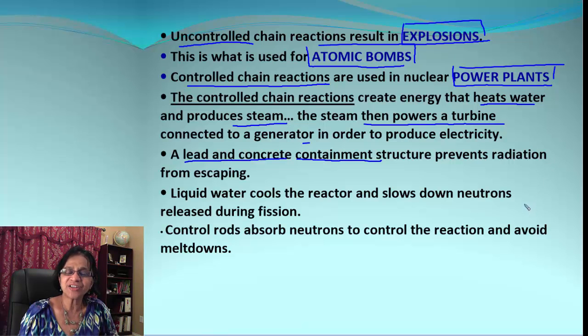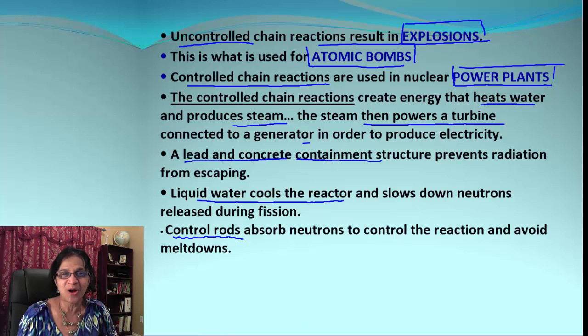Also, the reactions may generate a lot of heat, so we have water cooling systems around the reactor. And also, there is something called control rods, mostly cadmium rods, which will absorb the neutrons. So, it will control the chain reactions and keep them from going out of control.